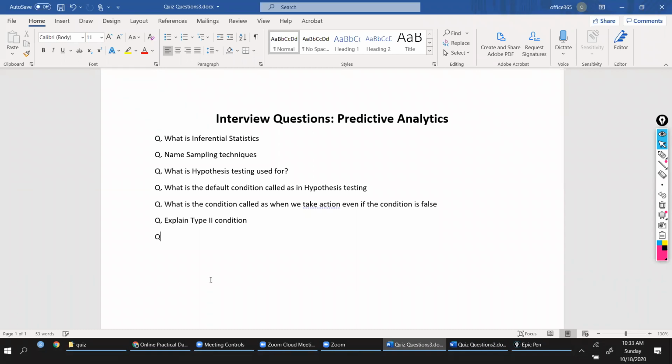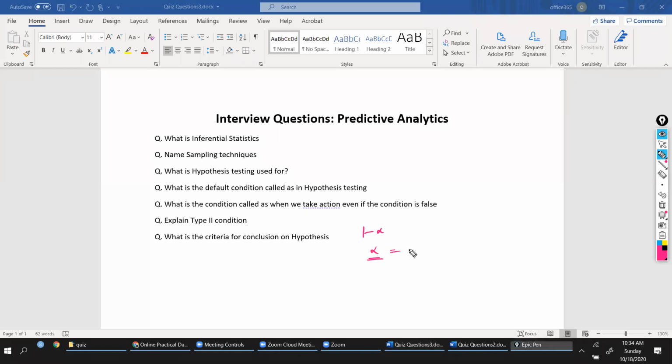Okay, what is the criteria for concluding on decisions? What is it called as? Significance level. 1 minus alpha is confidence.